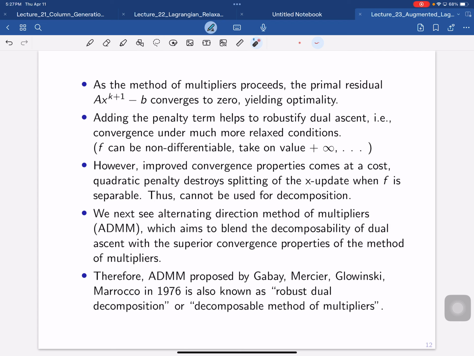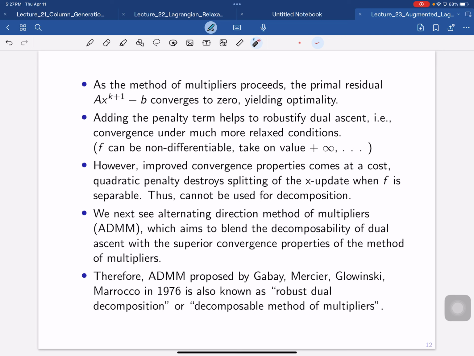Yeah, so we can talk a little bit about the convergence of this method, but not give the proof. For convex problems, this method will converge to a primal feasible solution, right? So that's a key difference from dual ascent. In dual ascent, you are not guaranteed to recover a primal feasible solution, but with this augmented term, you can think of it as penalizing violation of the constraints as well.